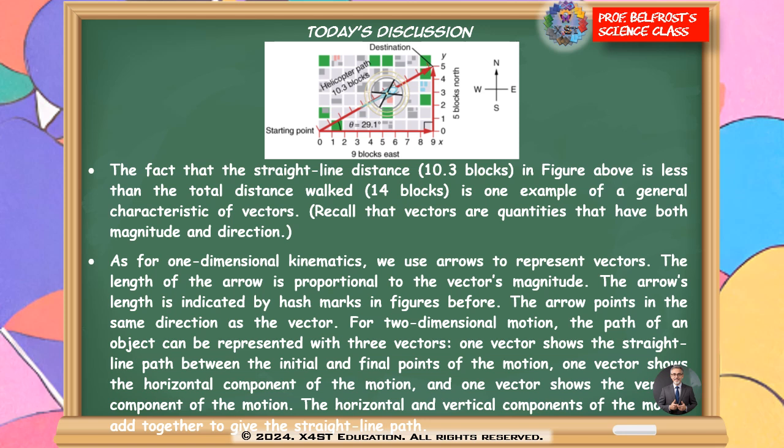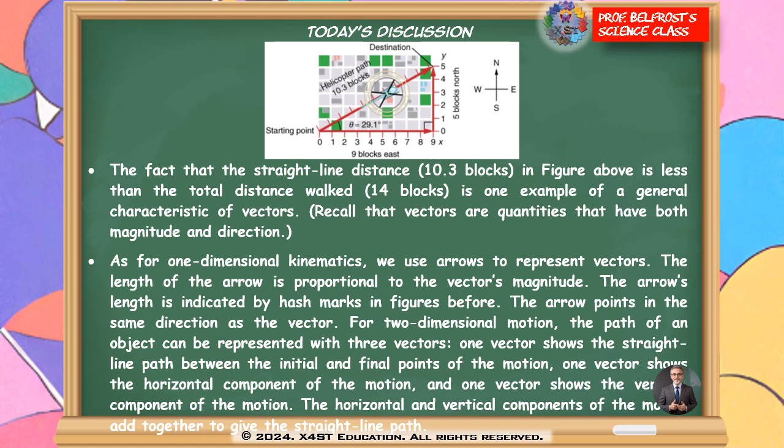Okay, so you see the hash marks. The arrow points in the same direction as the vector, and for two-dimensional motion, the path of an object can be represented with three vectors. One vector shows the straight line path between the initial and final point of the motion, from the start to the destination.